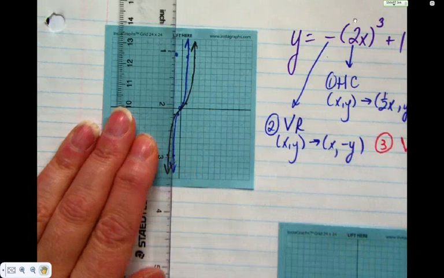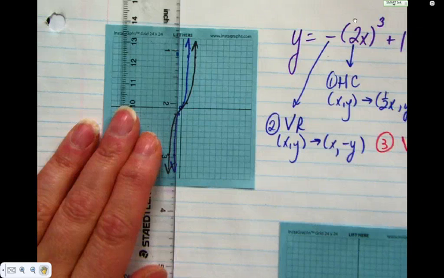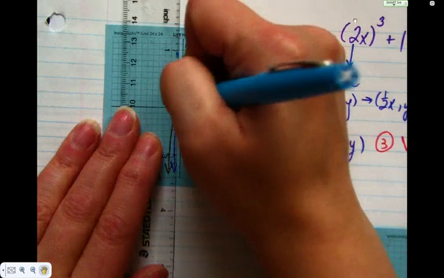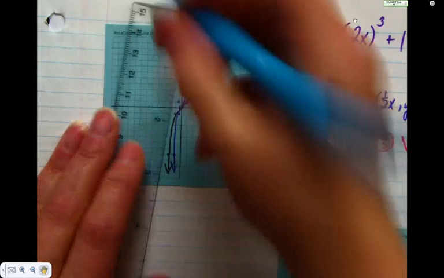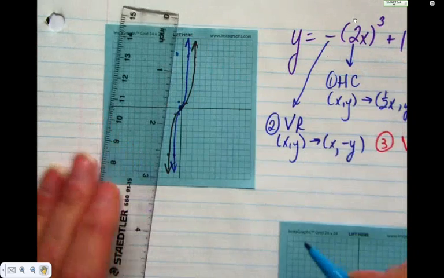I'm at the blue graph. Yes, it's always just the previous graph you're going to, not the original. Okay, going to that point, we had a half, -1. -1 is going to become +1. We love the origin because it doesn't change.